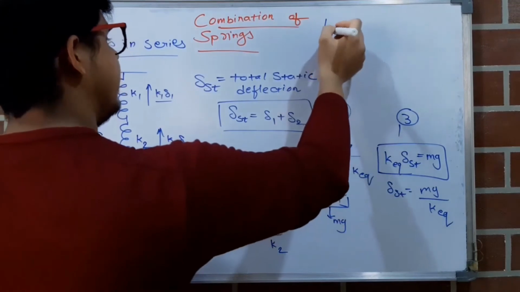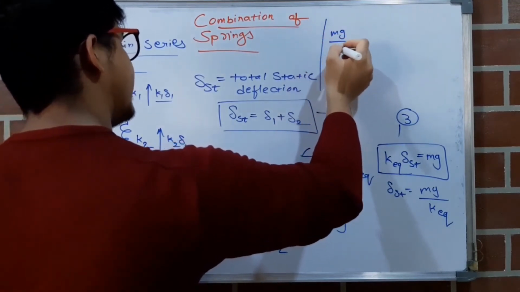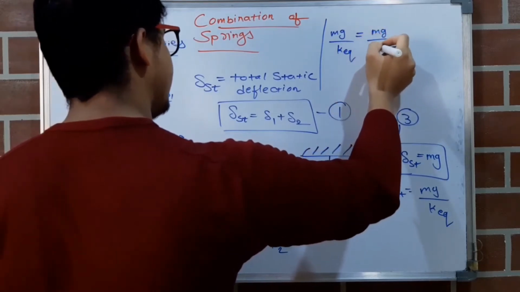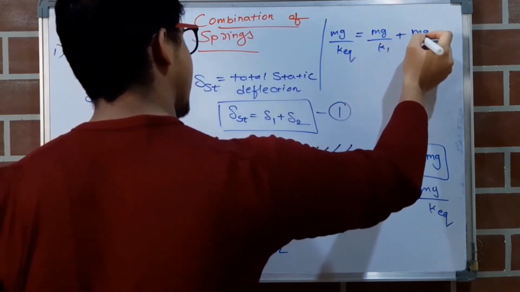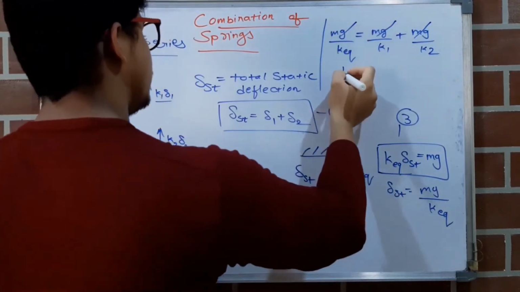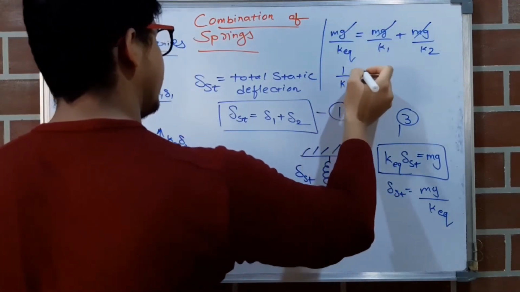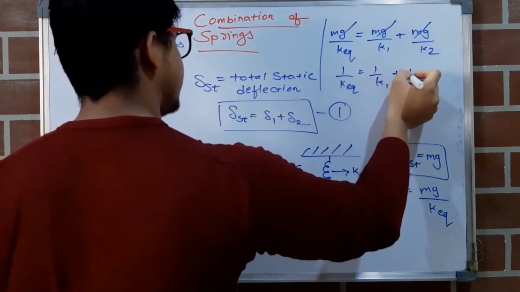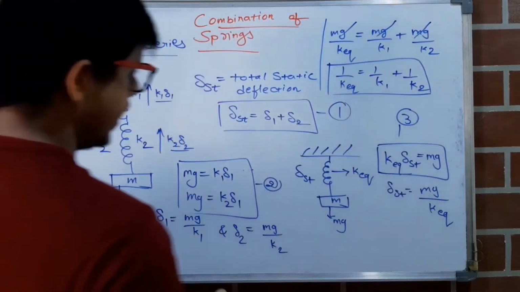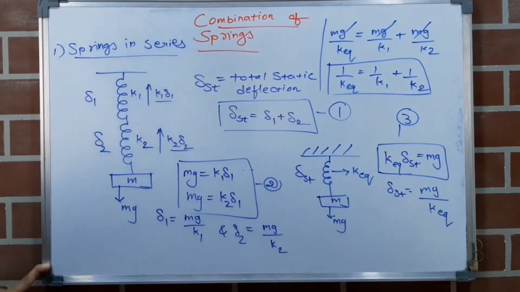We get mg divided by K equivalent equals mg by K1 plus mg by K2. The mg gets cancelled, so we get 1 upon K equivalent equals 1 upon K1 plus 1 upon K2. This is the equivalent stiffness of the springs when they are connected in series.